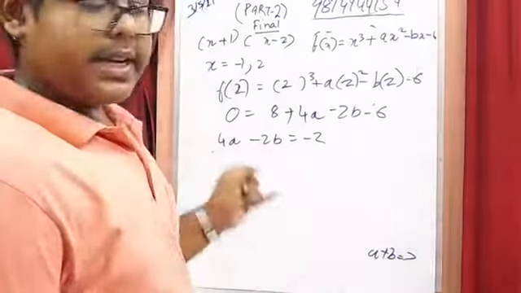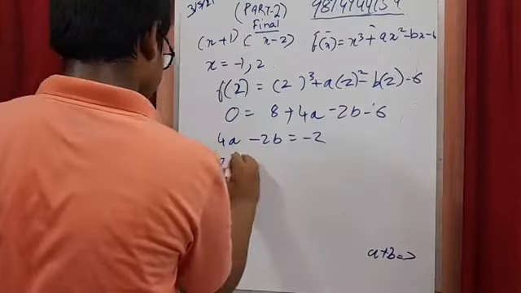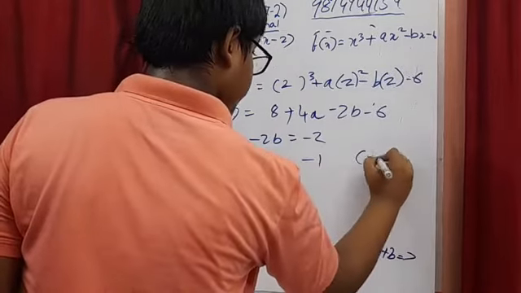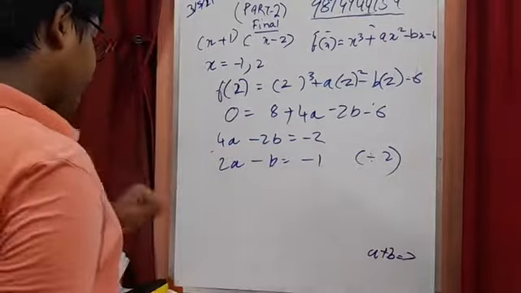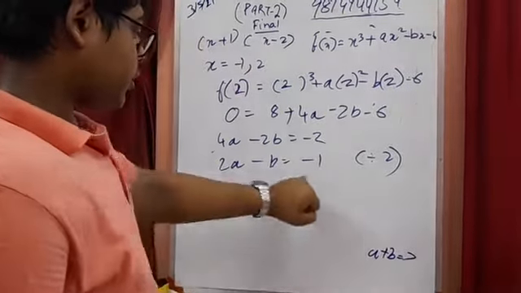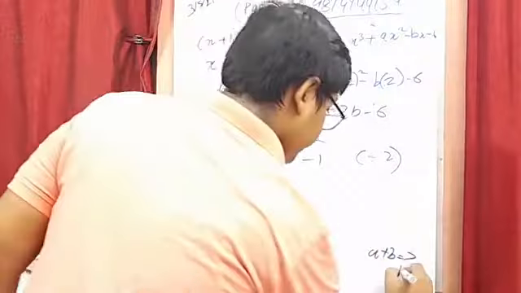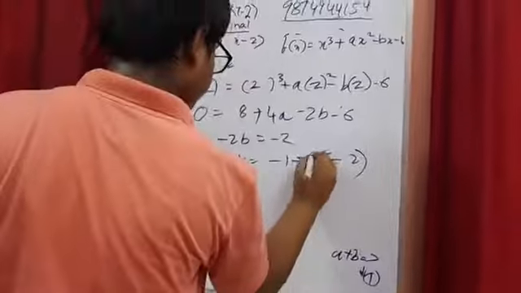Now dividing by 2 on both sides, we will get 2a minus b is equal to minus 1. We will use this equation now. Let's name it as 1 and let's name this as 2.